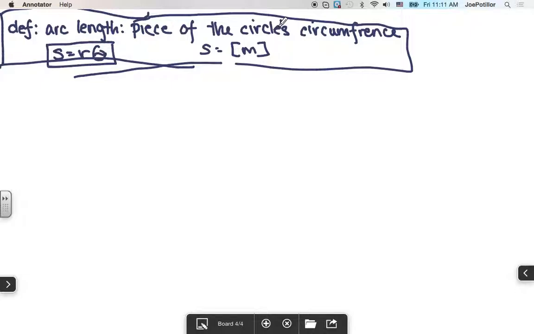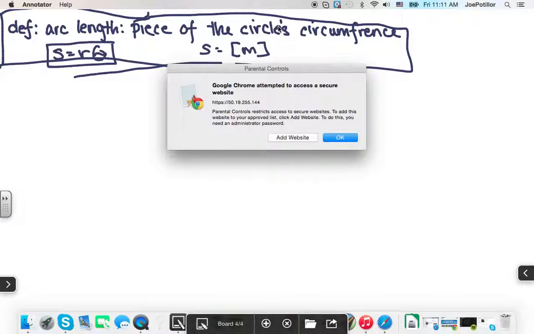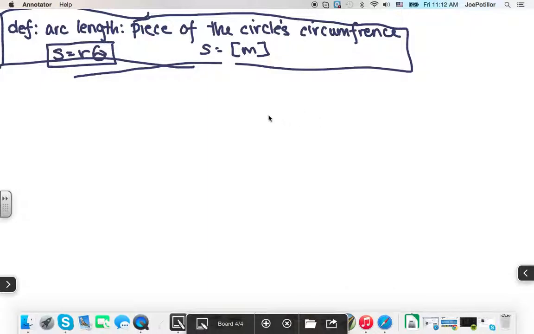So let's do some examples of how to find the arc length and the angle. Okay. This way I'm not just yapping my mouth giving you definitions.